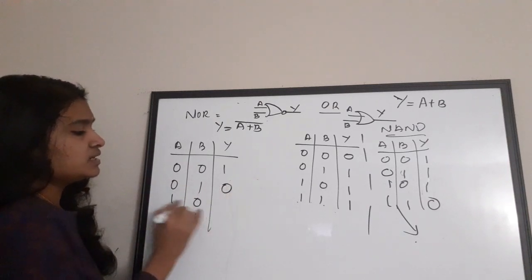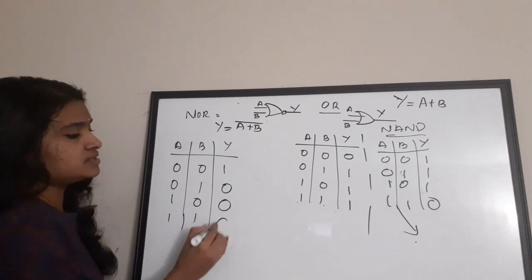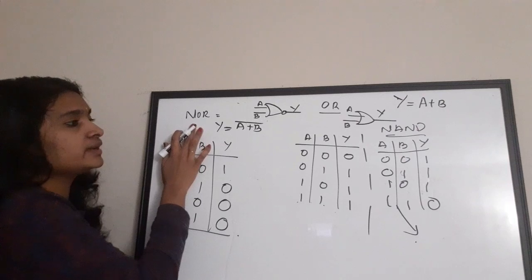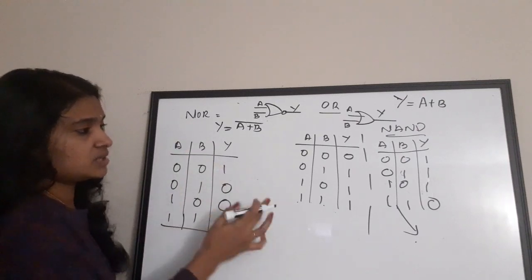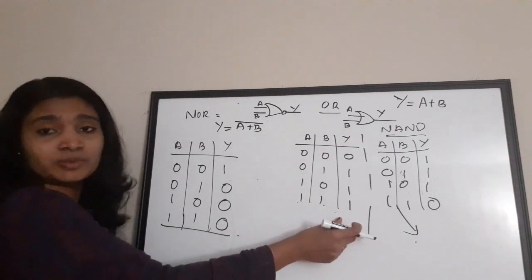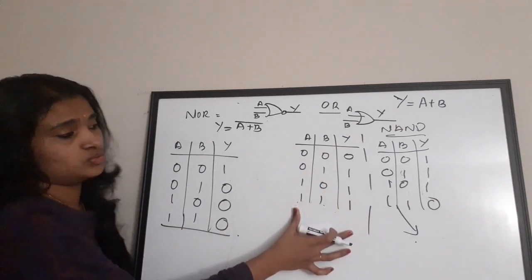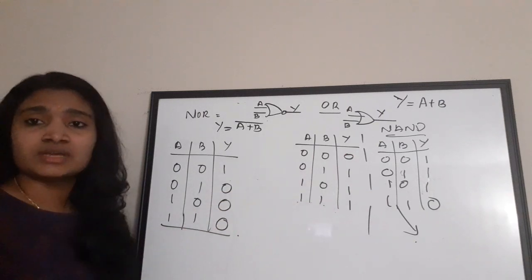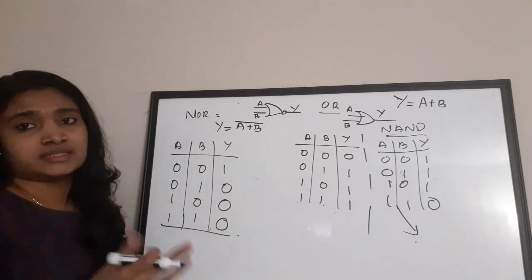So here it is 0. Here again it is 0. Here again it is 0. So this is the truth table of a NOR gate. The output is exactly the complement of your OR gate's truth table. See 0, 1, 1, 1, 1, 0, 0, 0. So that is the case for a NOR gate.